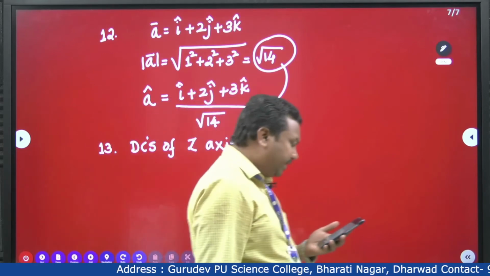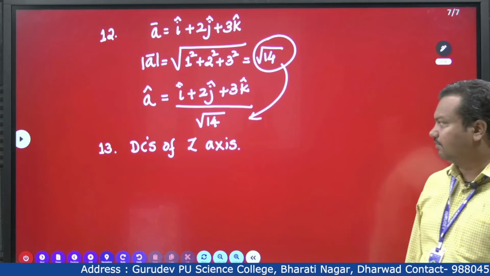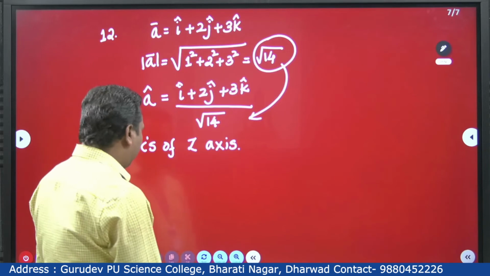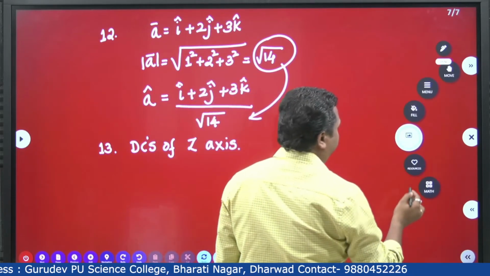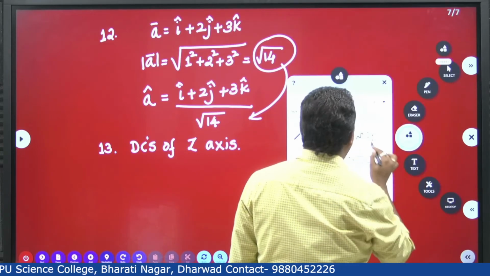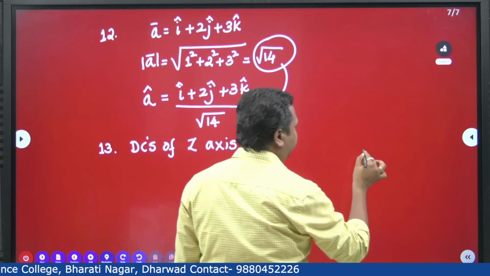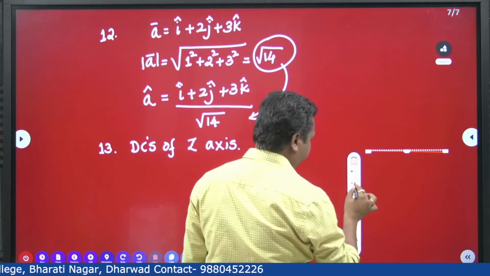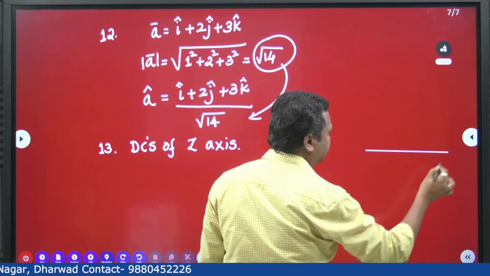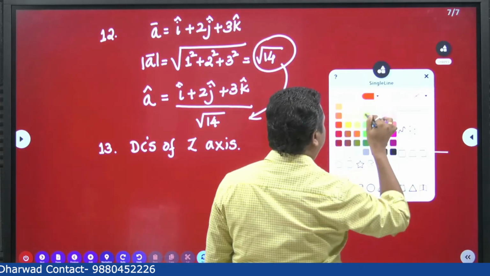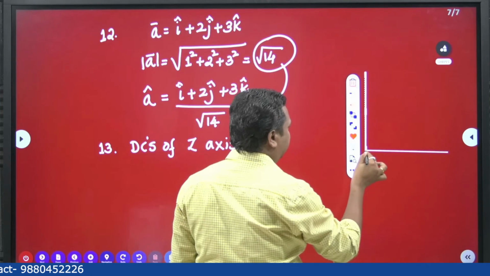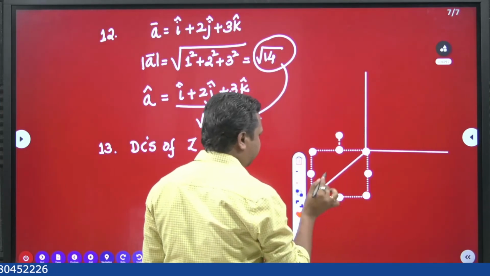Write the direction cosines of z axis. Right. One of the beautiful questions on 3-dimensional geometry. We all know that in 3-dimensional space, if you observe the 3 axes, x axis, and let me define the y axis and z axis, correct?